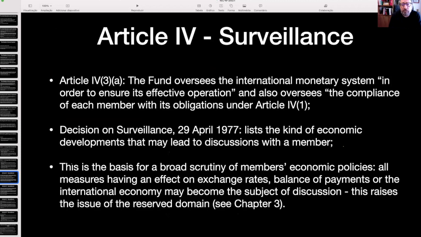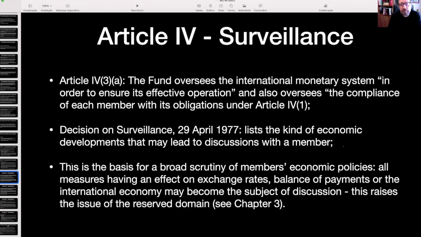Well, as you can see, the main mechanism is the so-called surveillance mechanism, or multilateral surveillance. That is to say, the IMF plays here a central role in overseeing how members are complying with these obligations.